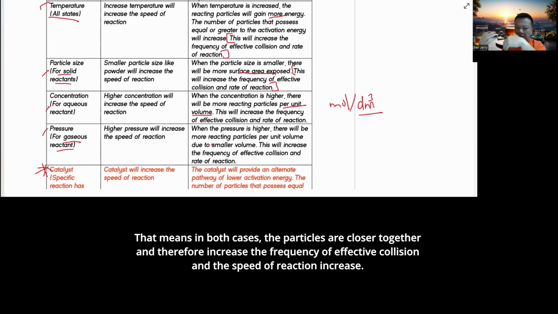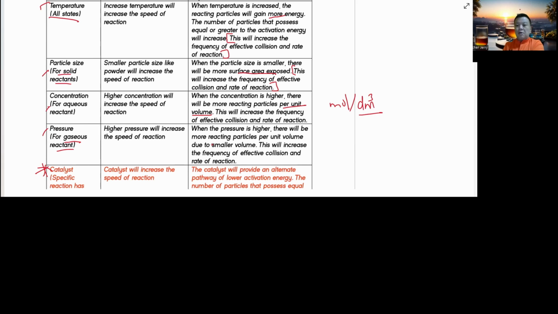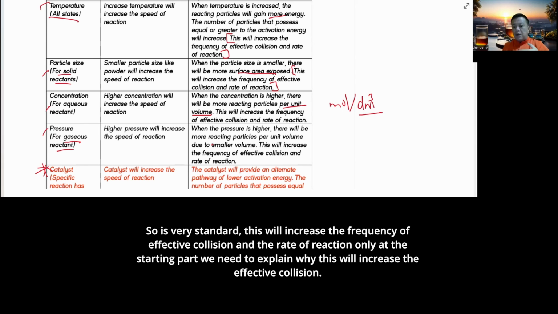That means in both cases, the particles are closer together, and therefore you increase the frequency of effective collision and the speed of reaction increases. So it's very standard. Only at the starting part we need to explain why this will increase the effective collision.